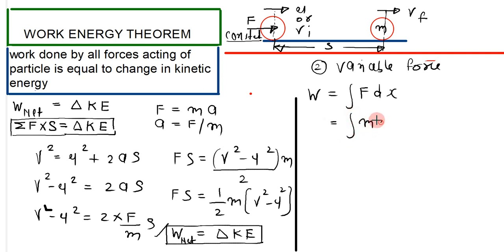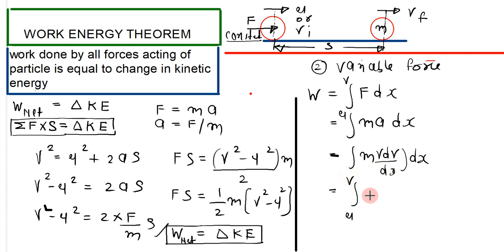So the mass is there, and you can replace acceleration by v dv by dx, and there is the term dx. You can put the limits from u to v, so you get m v dv.